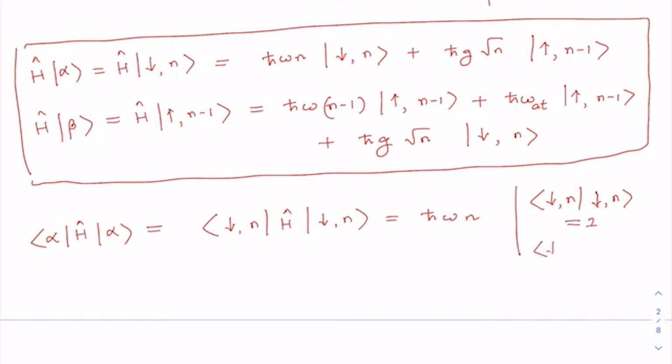On the other hand, if you have an inner product between different states like this, then you know that this would be equal to 0. Utilizing these relations, you can immediately work out all the terms.